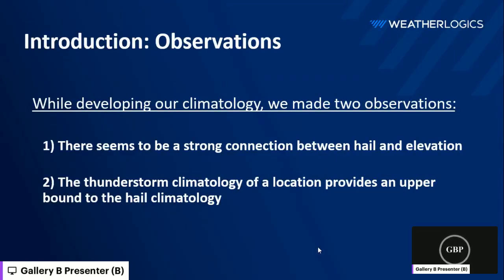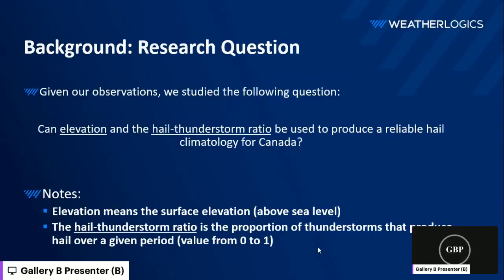And number two, the thunderstorm climatology of a given location is essentially an upper bound on what the hail climatology could be, if we assume that all hail comes from thunderstorms. So given these observations, we formulated this question: can elevation and the hail thunderstorm ratio be used to produce a reliable hail climatology for Canada?